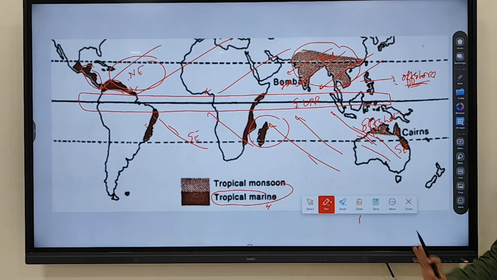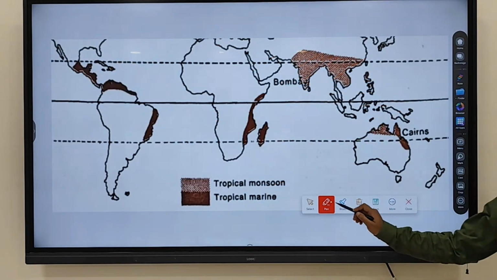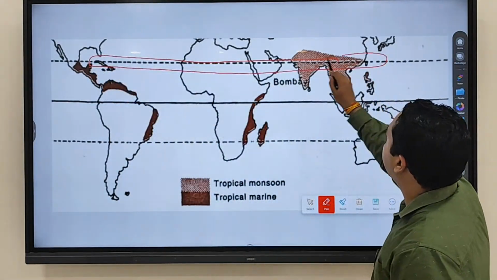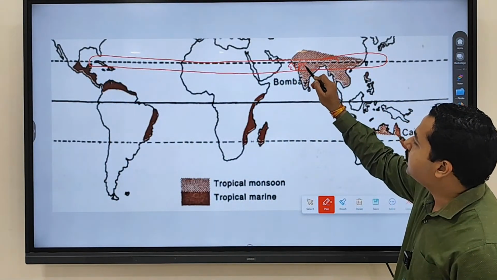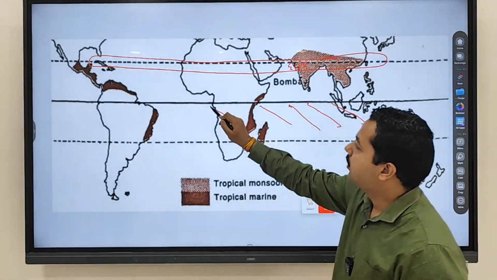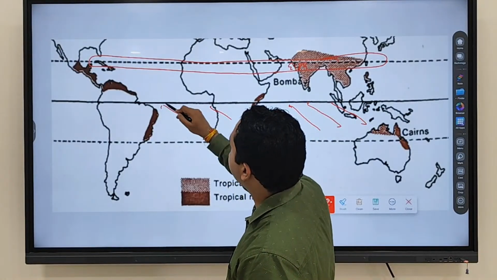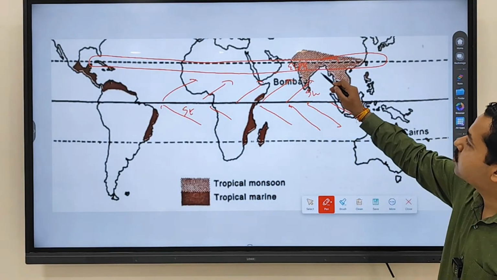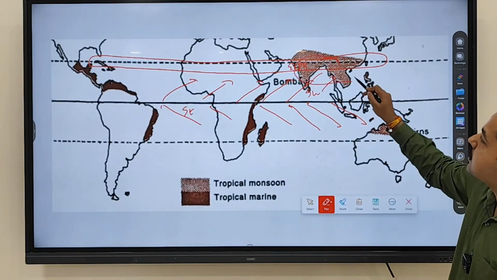Fine. During the summer, what will happen? You know that the equatorial low pressure belt shifts over here, and as a result, the southeast trade wind has to cross the equator, and it becomes which type of wind? Southwest monsoonal wind. As a result, this region receives rainfall.